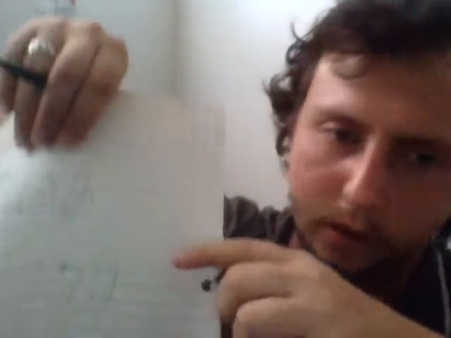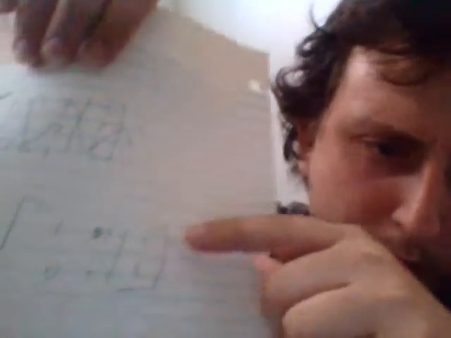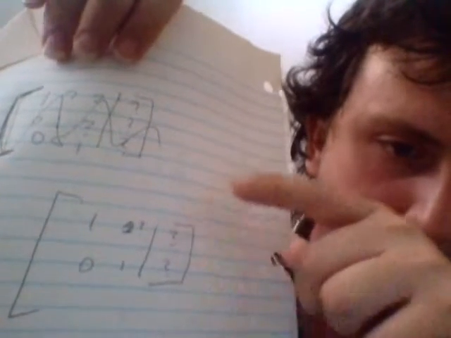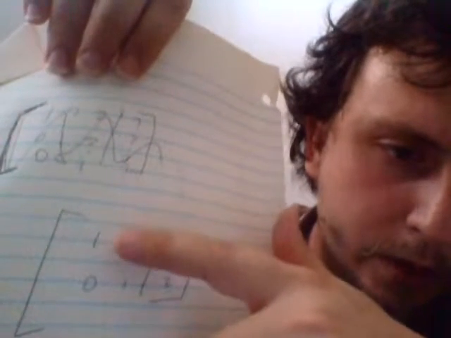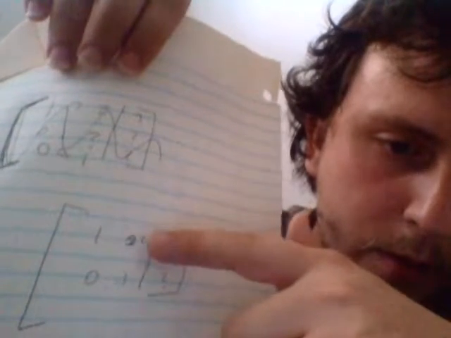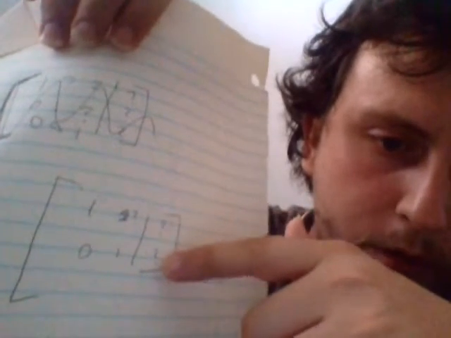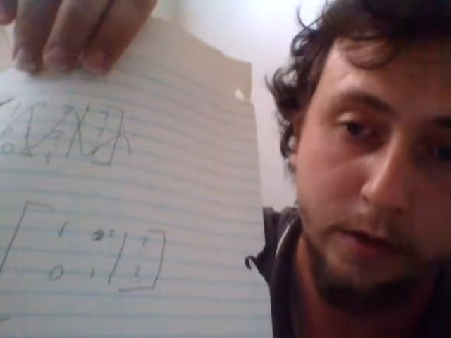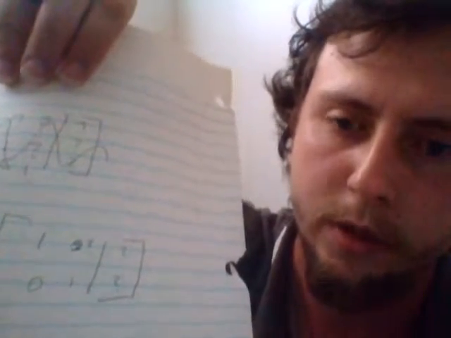This is a 2x2 augmented matrix, 2 columns, 2 rows. The bottom one right here: here's your 1, there's your 0, here's a 1, question mark, question mark, question mark. Those are the values that will change but don't matter.